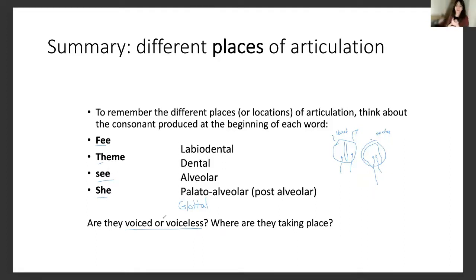So essentially, there's only one glottal sound in standard American English, y es la H. We also have another symbol that's a glottal sound, which is represented by a sort of question mark.